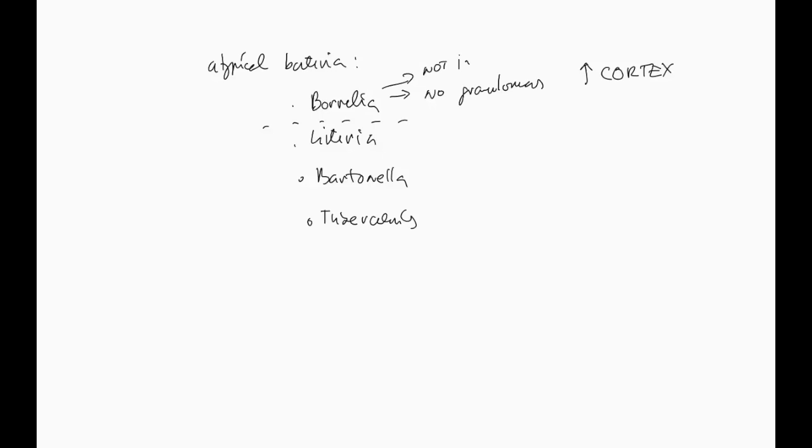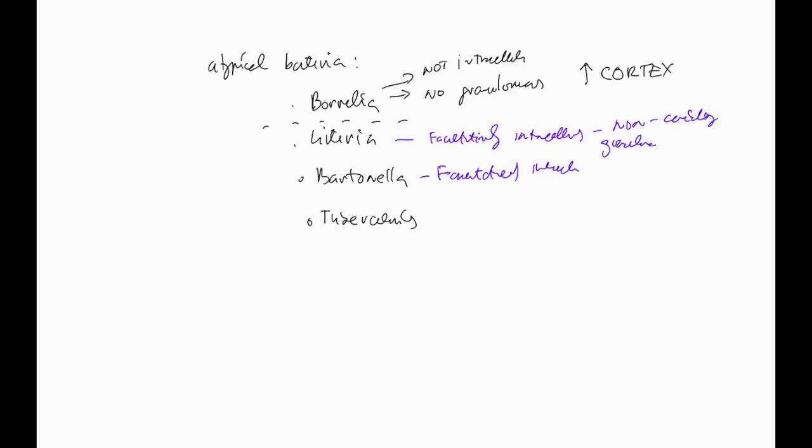Listeria and Bartonella are facultatively intracellular. Listeria typically causes non-caseating granulomas and expands the cortex mainly.